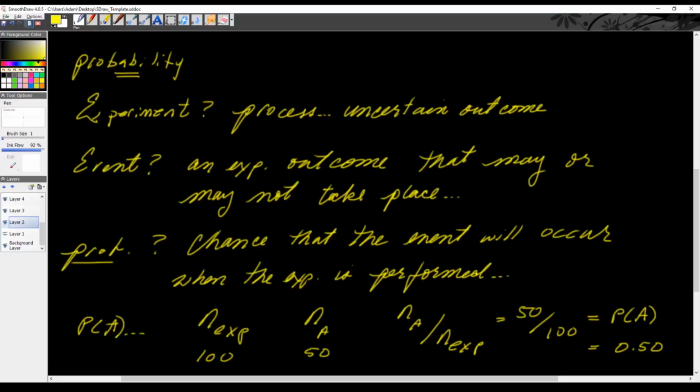If the number of times that we repeat the experiment approaches infinity, the limit of the sequence of numbers obtained by calculating the ratio N_A divided by N_exp after each repetition is the probability of A, the probability of that event occurring.